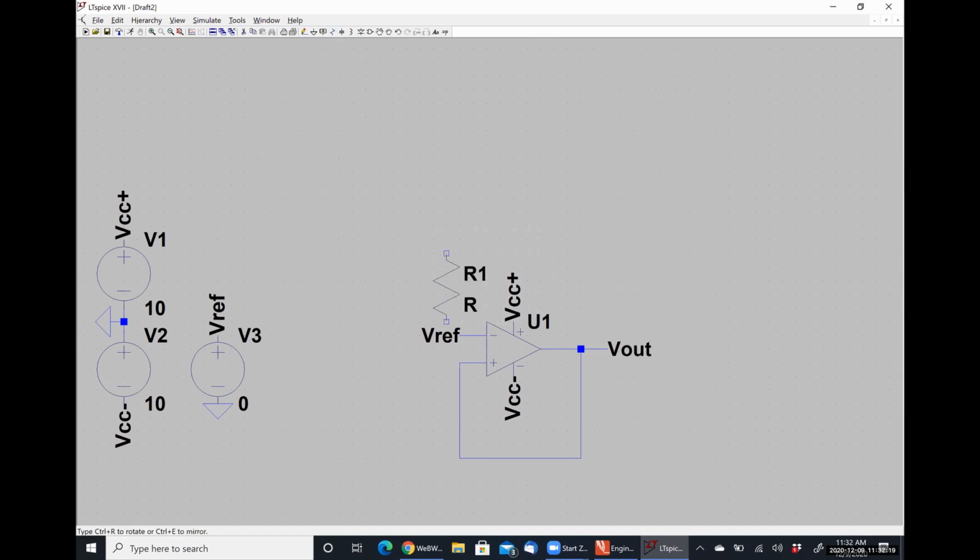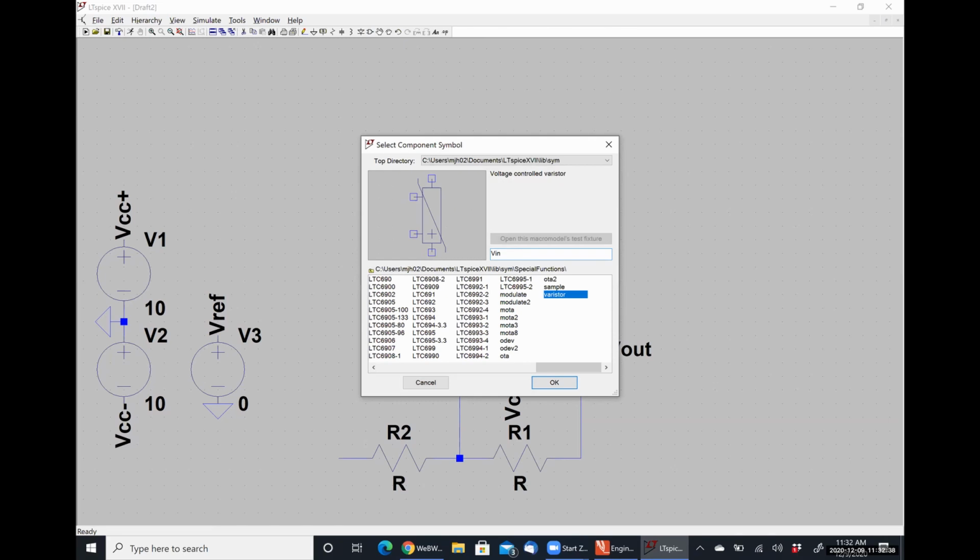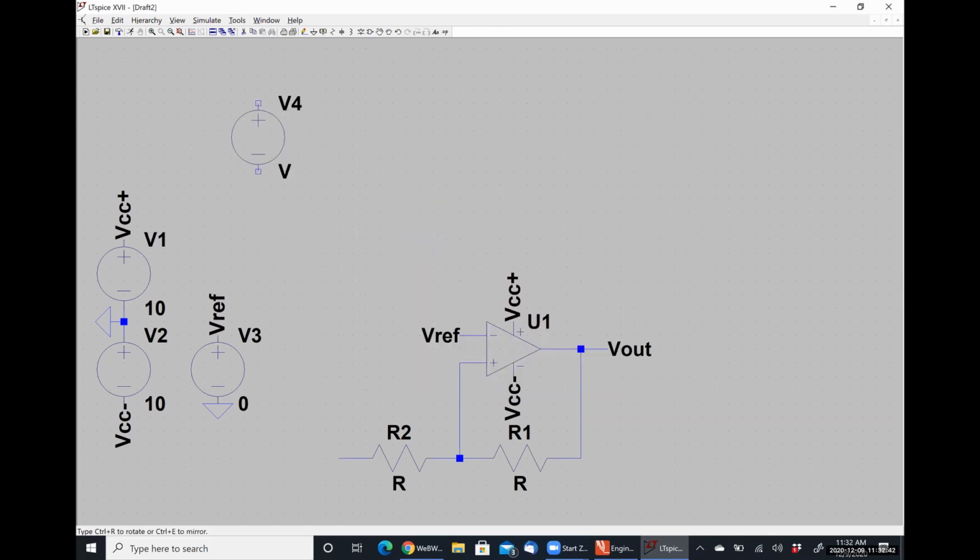Take a resistor, drop it there, drop another one over here. This is where my input voltage is going to be applied, so I should probably define that real quick. Voltage. Ground the bottom.